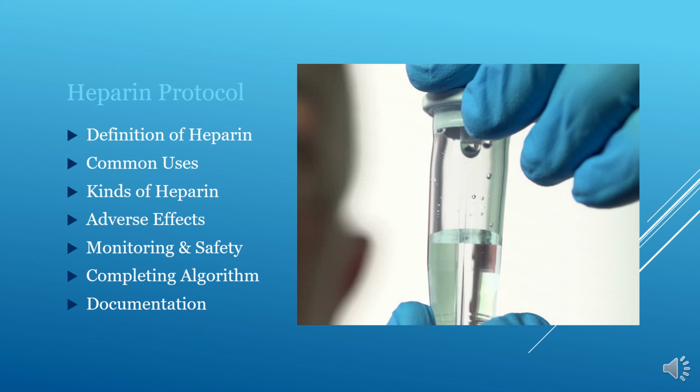There are two kinds of heparin, unfractionated heparin and low molecular weight heparin. Bleeding is the most common side effect of administering heparin and may present in a variety of ways, so close monitoring is required. Filling out the ECMC heparin protocol completely and documenting thoroughly is very important.